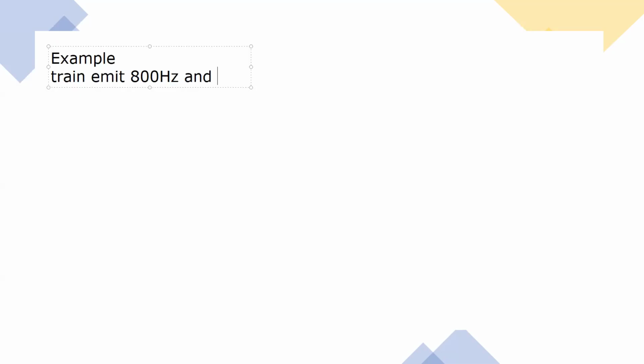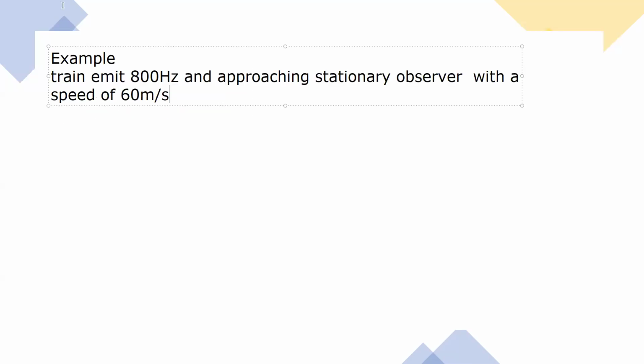And it is approaching a stationary observer with a speed of 60 meters per second. So we have a train and the observer is stationary, at rest.